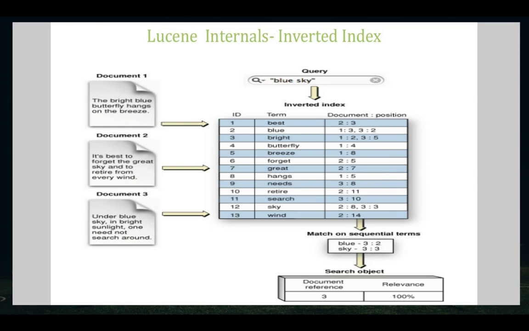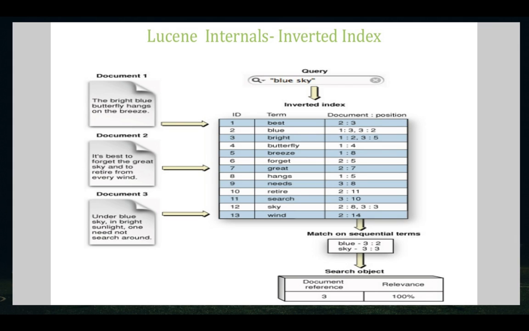So let's see how Lucene stores the values. When you pass any document to Lucene, as you can see in this diagram, we are passing documents 1, 2, 3 into Lucene.